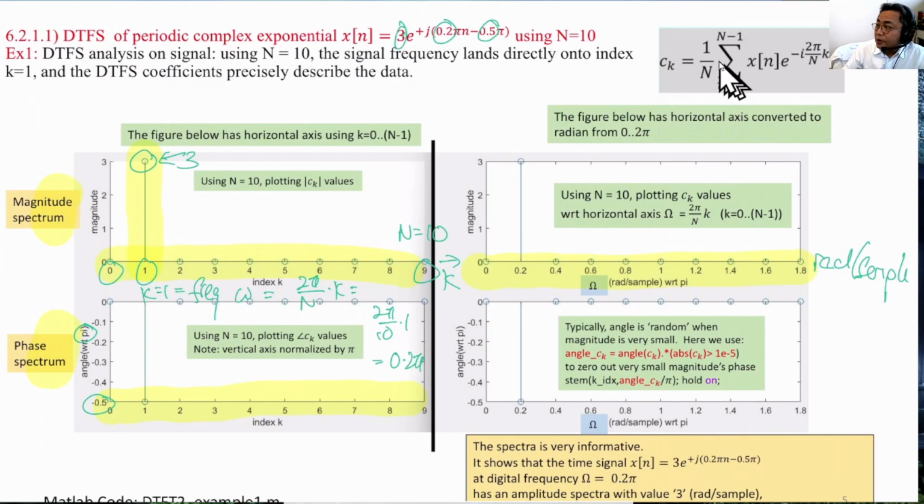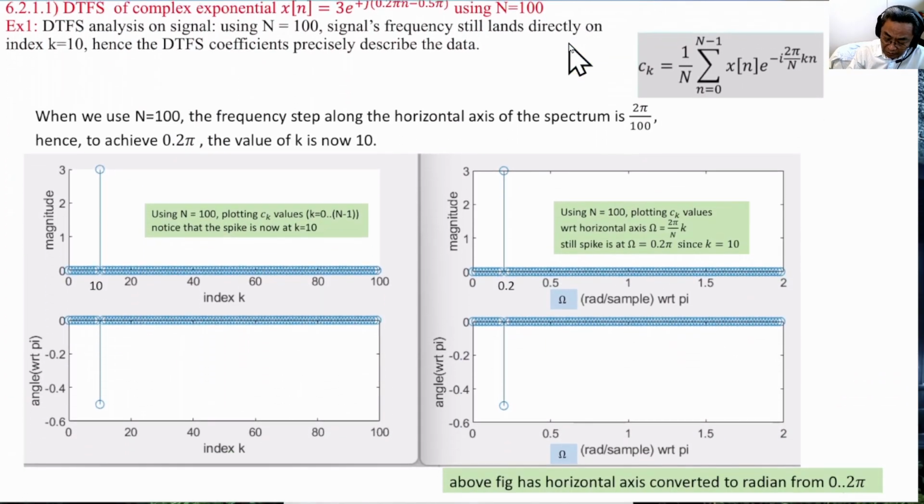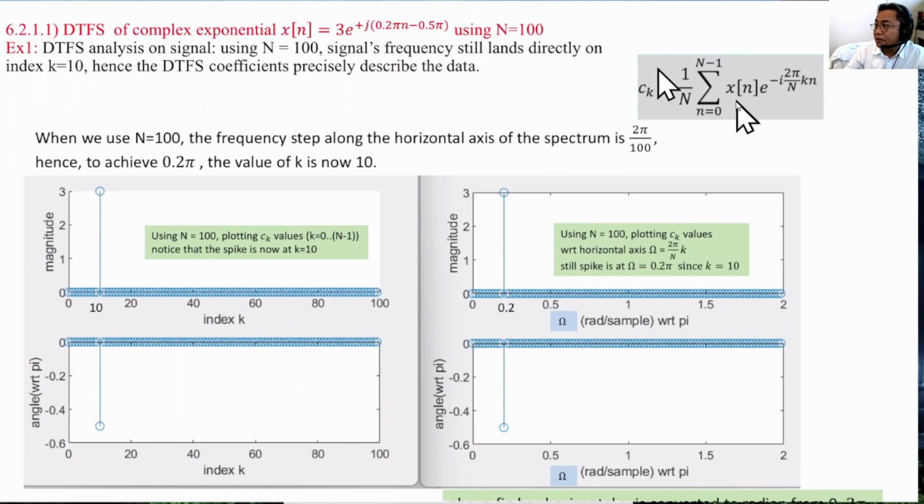Now you must be wondering, what happens if I use N instead of 10 and I use N to be 100? I can still generate 100 samples, and 100 samples is still periodic. If it's periodic at 10 samples, then it's still periodic at 20 samples, 30 samples, and 100 samples. So I generate 100 samples of x[n] by simply computing x[n] for 100 samples.